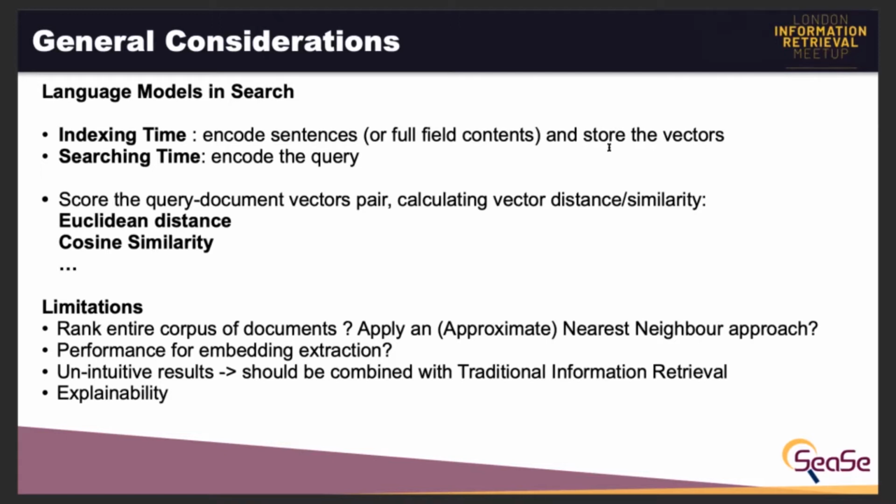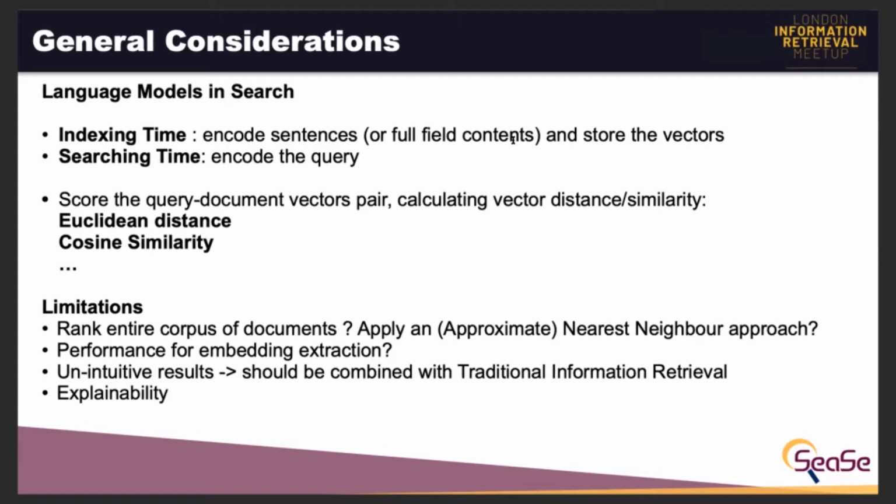What are the limitations of this approach in general? And then we'll see what happens with open source implementations. First of all, it may be quite problematic to rank an entire corpus of documents, because if you need to calculate the score of each query-search result pair, of course you need to traverse the entire corpus of documents.